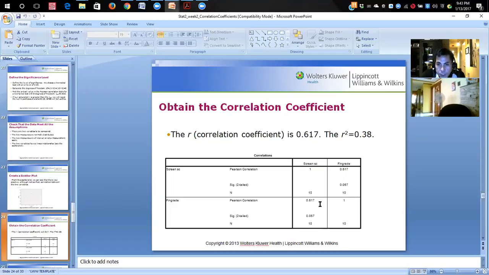So here's your Pearson correlation, for this particular example, 0.617.